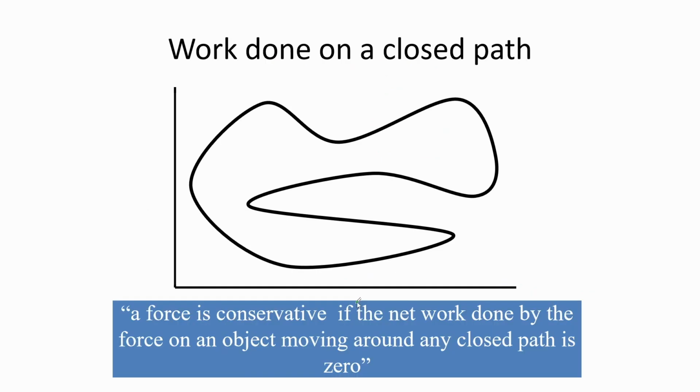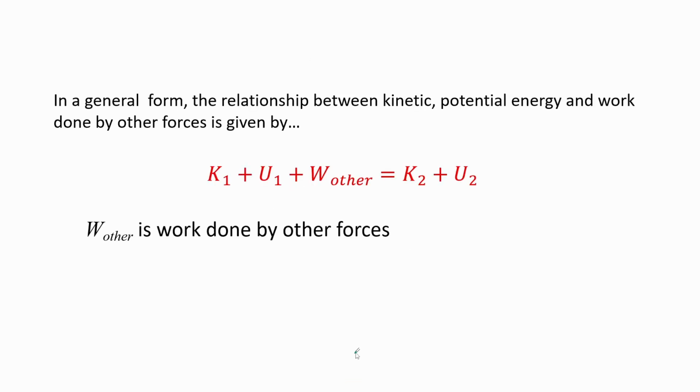So here we have an assumed path of travel. A force is conservative if the net work done by the force on an object moving around any closed path is 0. Okay? So the initial and final states are the same, regardless of the path taken. So there's a general form for the relationship between kinetic energy, potential energy, and work done by other forces.